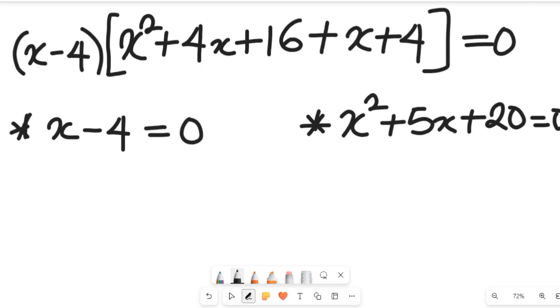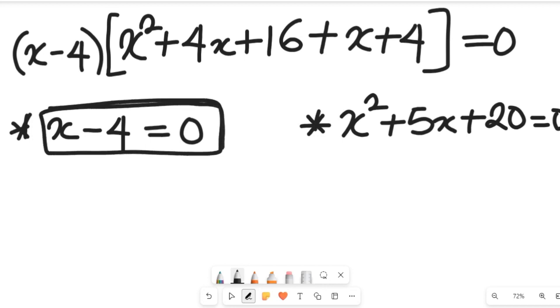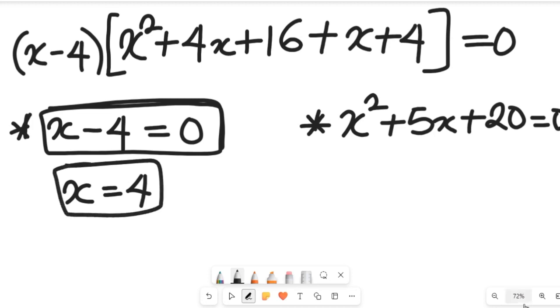Voila! Remember, we've already gotten the first solution, where our x is equal to 4. The next thing is to find the solution to this quadratic equation.